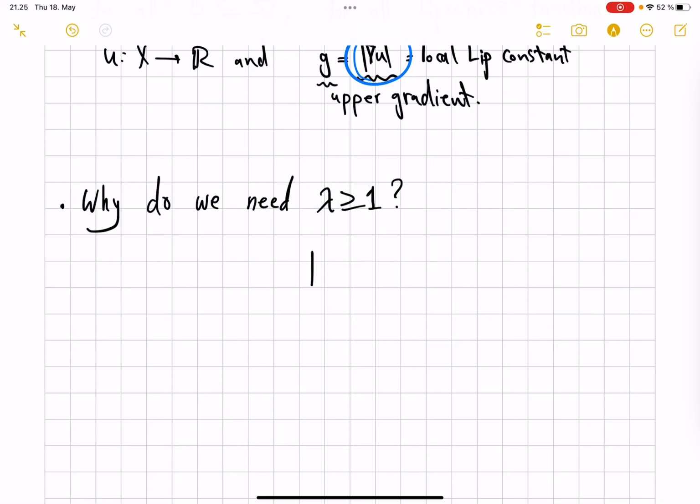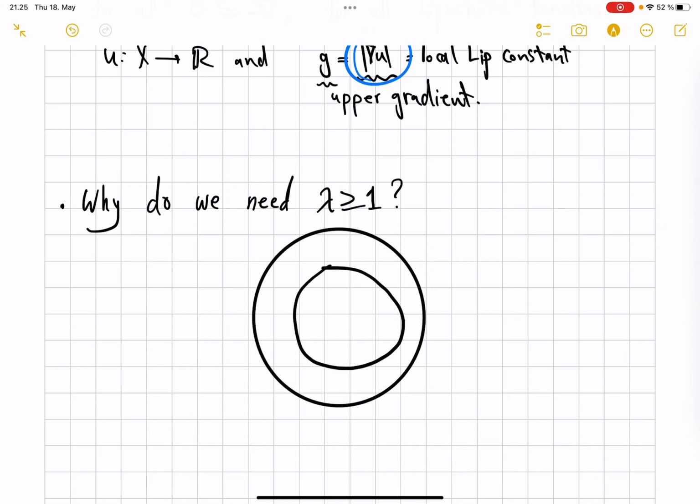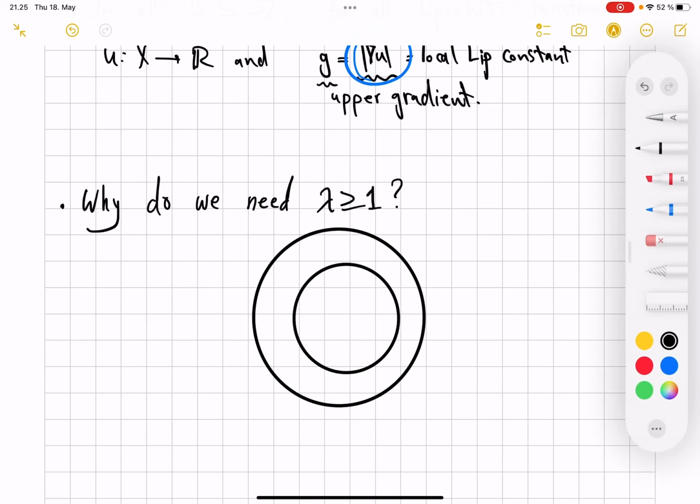The example I have in mind: remember that in the previous example my problem was connectivity. So what I do here now is I take this space and then I remove a segment.